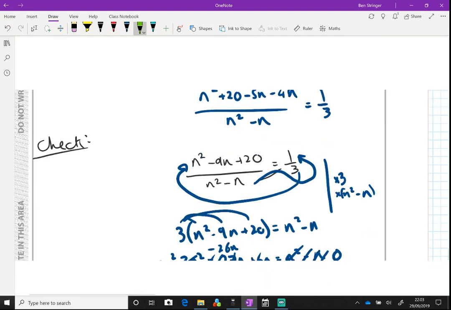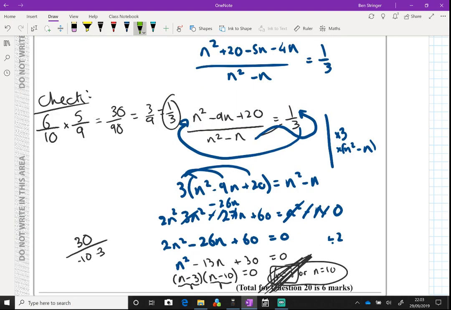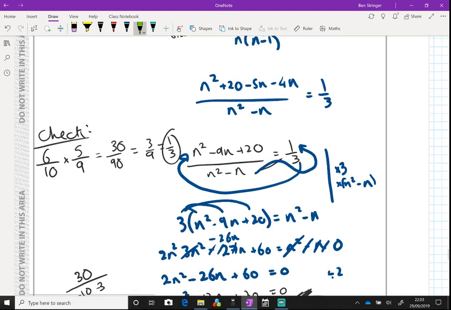So 6 apples out of 10, then if we eat 1, 5 apples out of 9, because you didn't replace it, because you've eaten it. It could be 30 out of 90, which is 3 over 9, which is a third. That's the probability of getting an apple and then an apple eaten. And it did say in the question that it is a third. So that's a really nice check there.